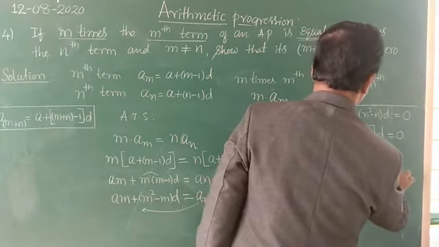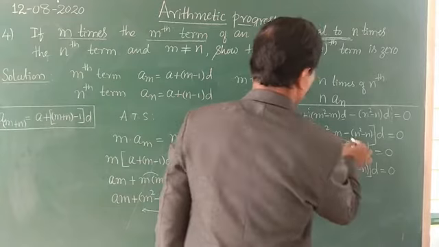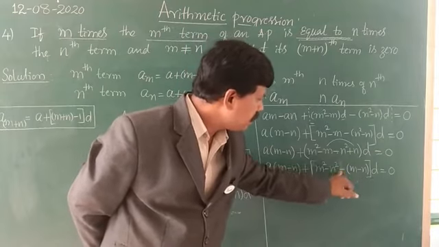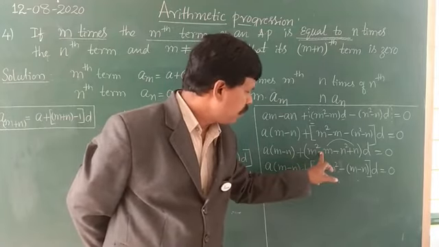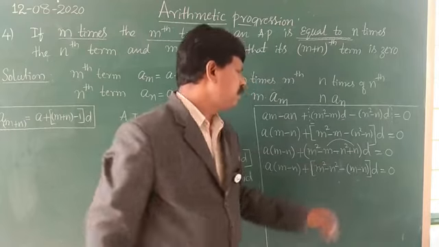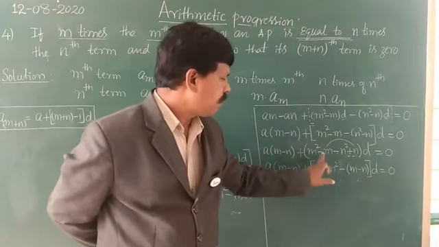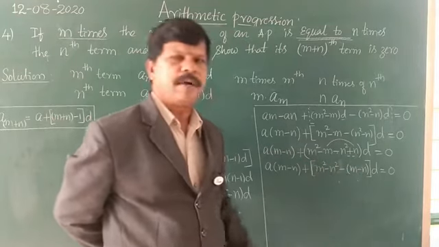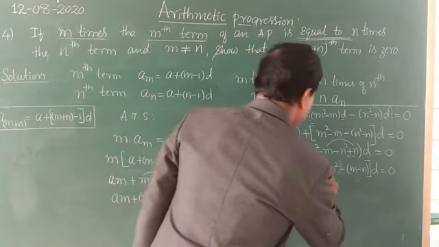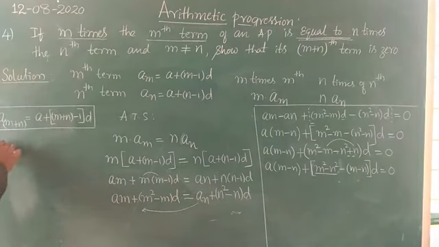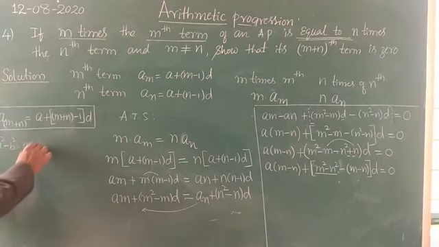Here this is the very important step. In minus m and plus n, I have taken the minus sign common. So when you take minus, m becomes plus, and here this plus becomes minus into minus. Clear? When you take the minus sign common, left out is minus. Now here you have m square minus n square. That is the a square minus b square formula, that is a plus b into a minus b.